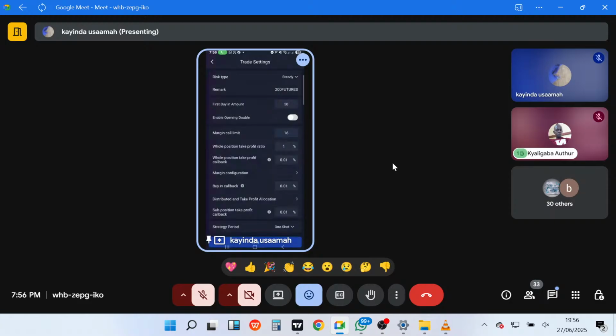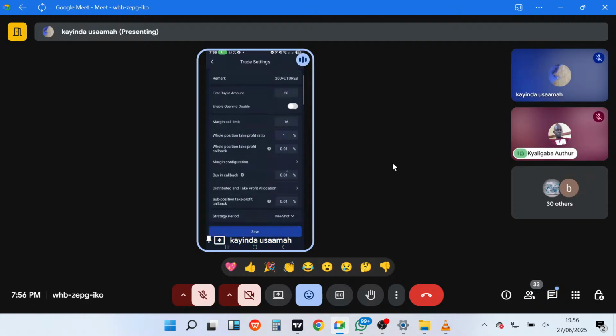It is not calculated in dollars, it's calculated in value. I'll show you how it works. All position take profit ratio is 1%. Don't go beyond 1%. All position take profit callback 0.01. Buy callback 0.01. Third position callback 0.01.